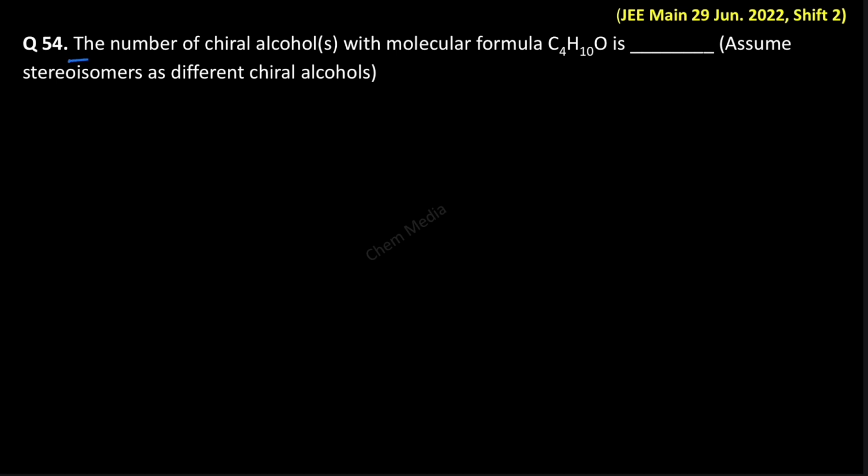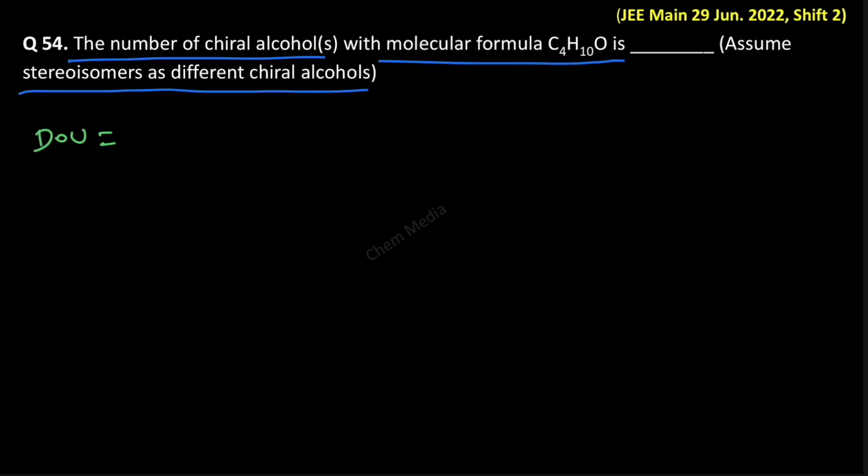The number of chiral alcohols with molecular formula C4H10O is how many? Assume that stereoisomers are different chiral alcohols. That means if we have a chiral center, then we need to treat them as 2 different alcohols. Now let us first determine the degree of unsaturation for this elemental composition.